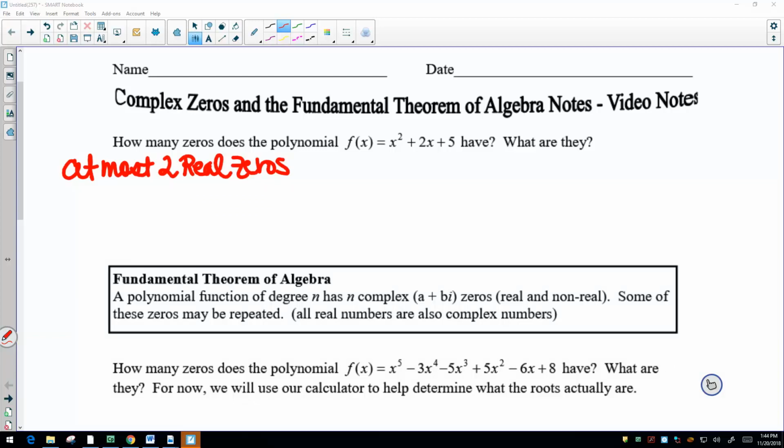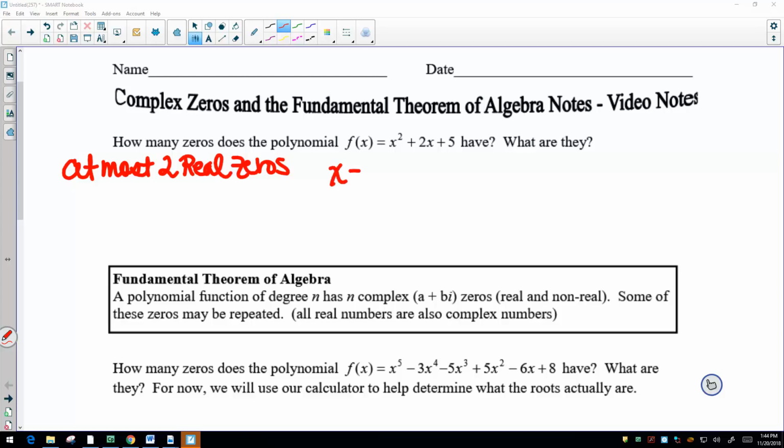Then I would want to find what those zeros are and figure out if they actually are all real, rational, irrational, imaginary. By looking at this, the first thing I would do is try and factor. It's not factorable.